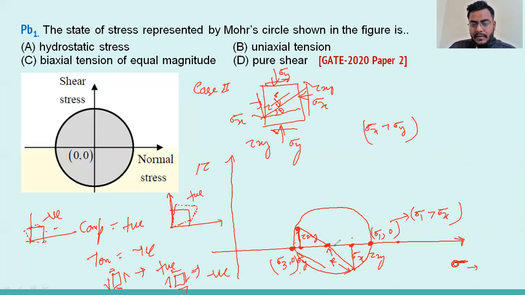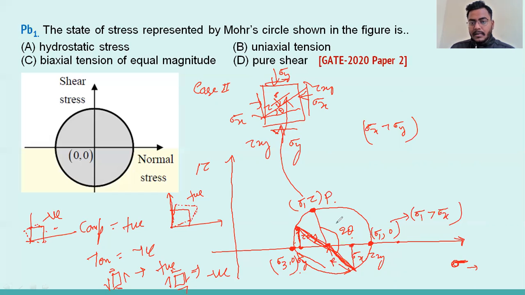So we have to rotate by 2 theta from this axis, not the horizontal axis, from this axis, right? And suppose it will cut the Mohr circle at this point. So this is the point P. Whatever normal stress and shear stress we get at P will give us the normal stress and shear stress on a plane at an angle theta with the horizontal.